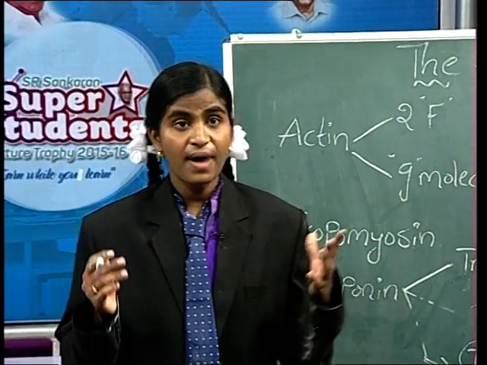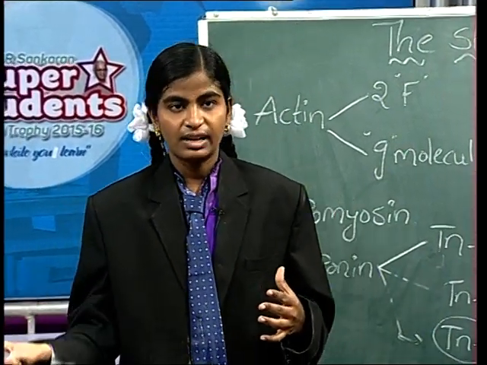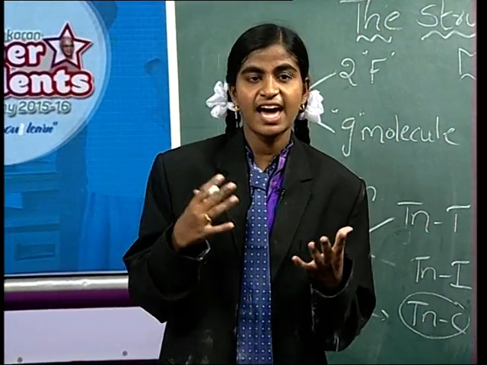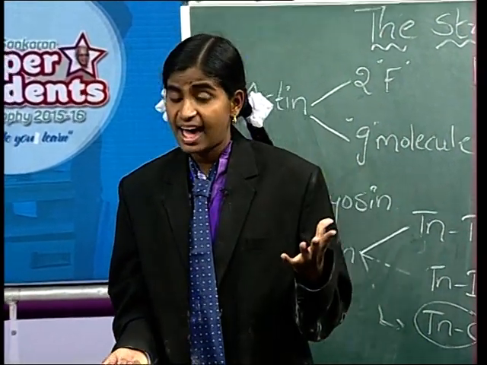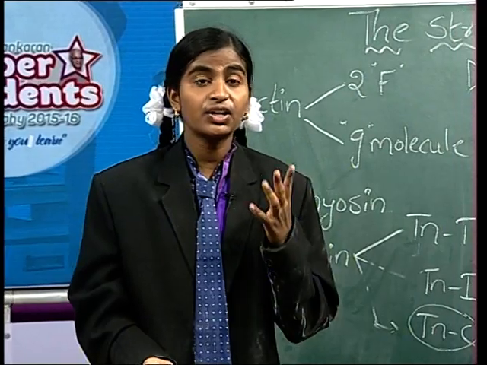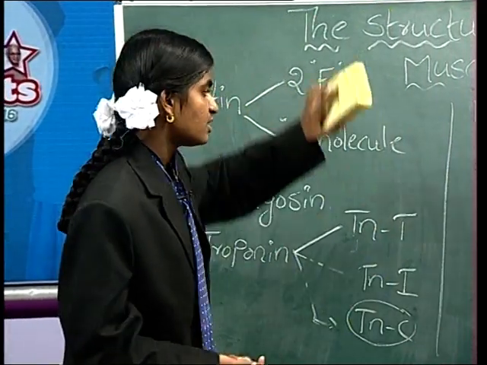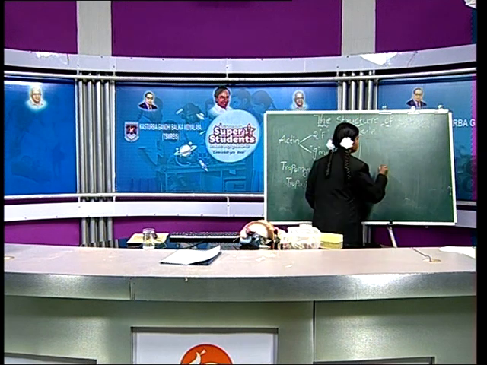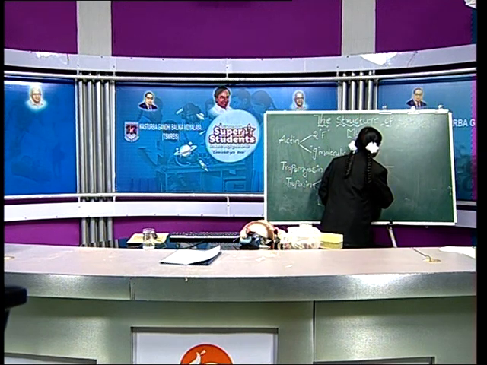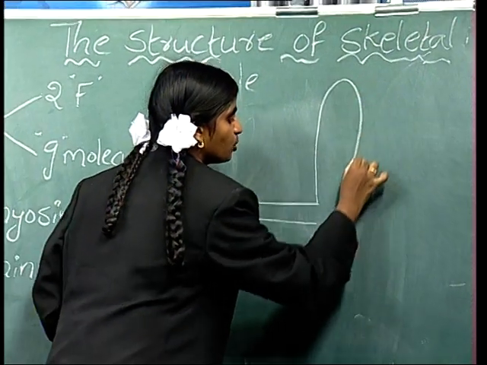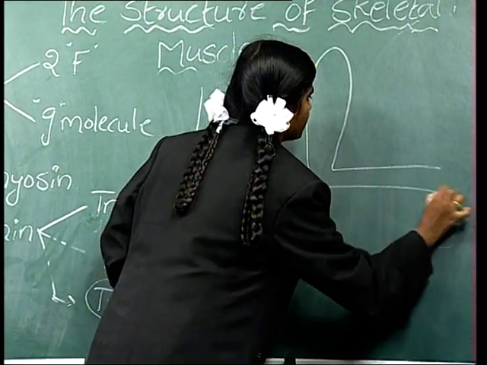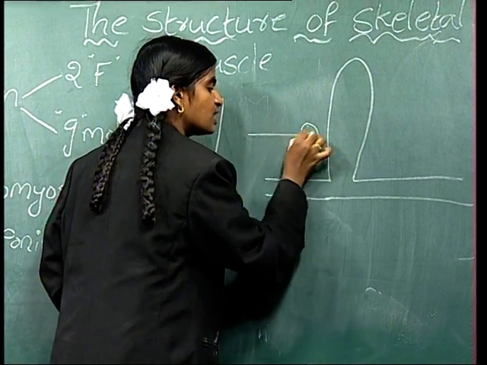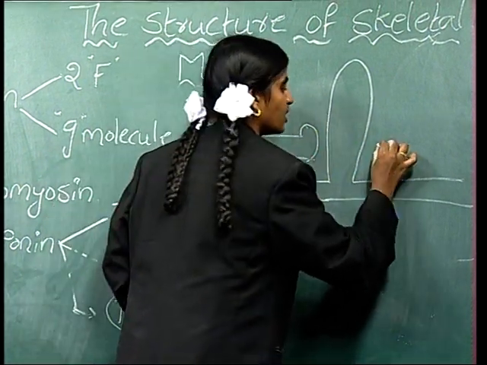Friends, in mammals, like human beings, the sarcolemma penetrates into the sarcoplasm. At that time, it forms a T-tubule. I will show you here. In mammals, it constitutes a T-tubule. This is the T-tubule, and it also serves as 2 terminal cisternae. So, this is the terminal cisternae.